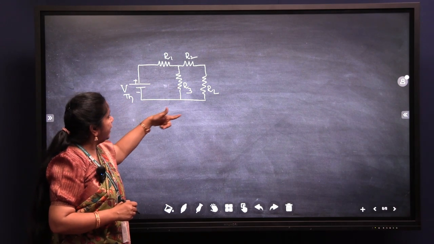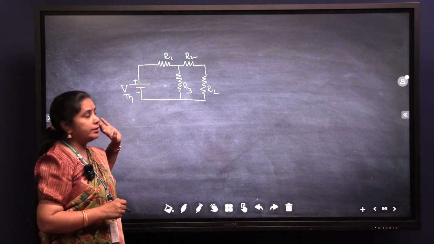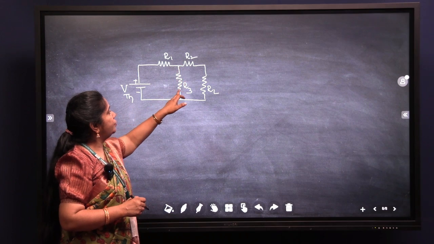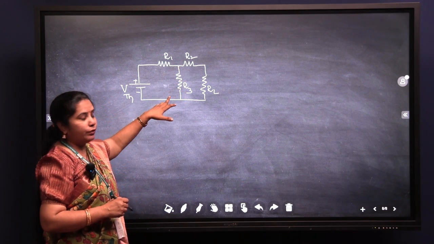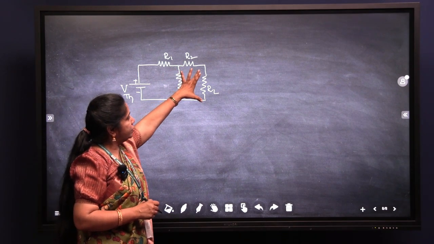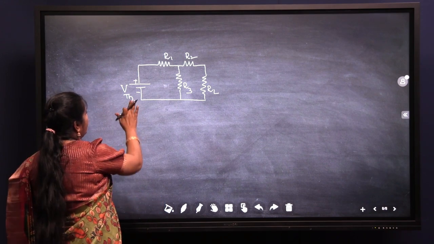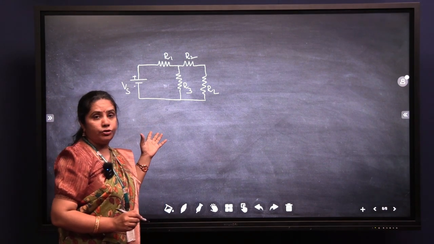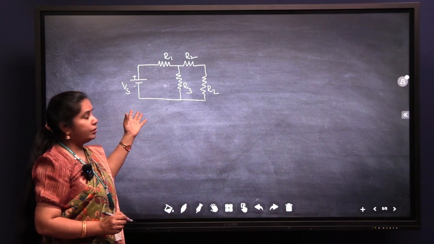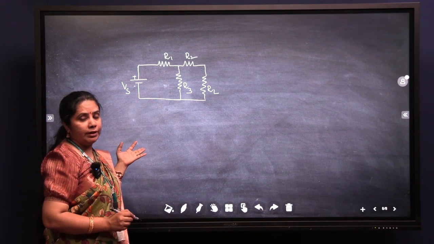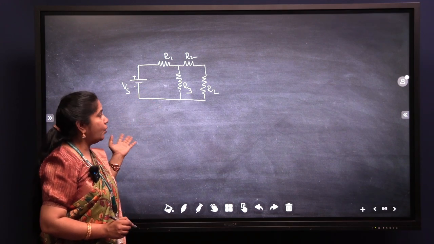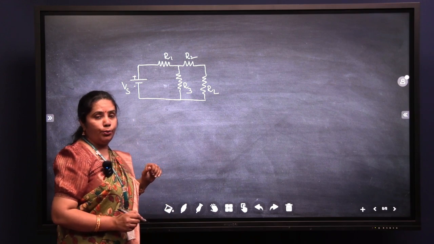In the entire circuit, we have four resistances: R1, R2, R3, which form a T network, connected across the load resistance RL, with some source voltage. We are considering this example to show how to apply Thevenin's theorem and how to calculate the current in the load resistance.